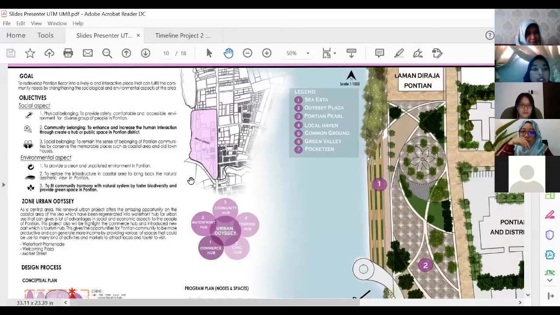And the objectives are divided into two aspects, which are the social and environmental aspects. The social aspect is for community belonging, so that it can increase human interaction by creating public space or hubs in Pontian district.